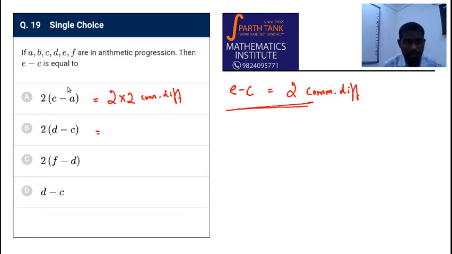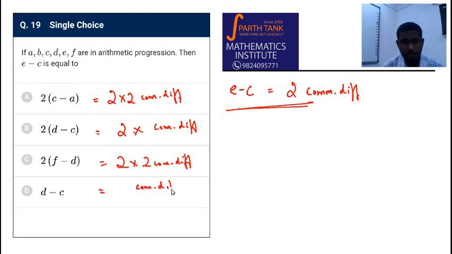Now 2 times D minus C we know is common difference, so this is 2 times common difference. 2 times F minus D is 2 times common difference, so 2 into 2 times common difference. Finally D minus C is common difference. So therefore this is 4 times common difference, this is 2 times common difference, 4 times and 1 time common difference. Since we need 2 times common difference, the answer is option B, 2 times D minus C.